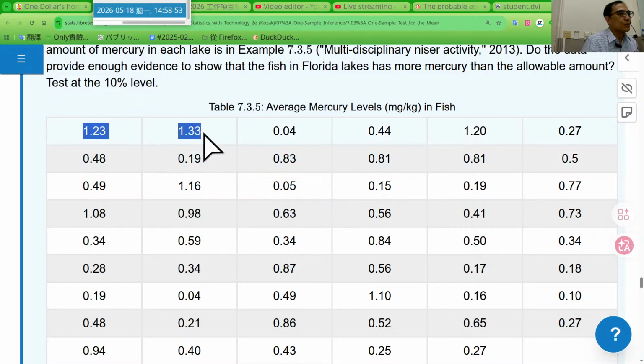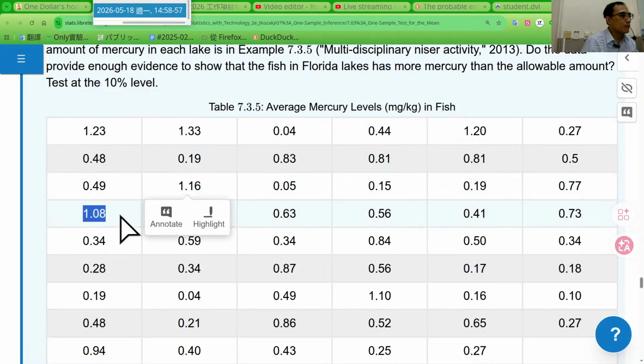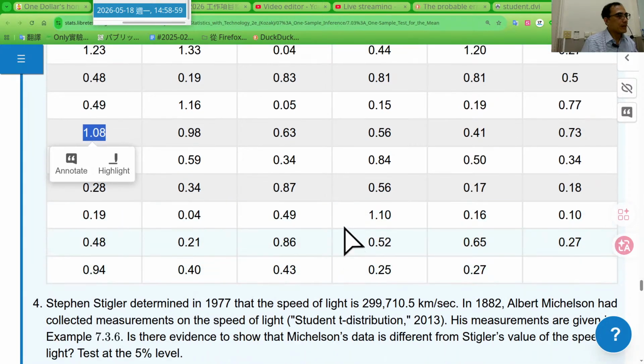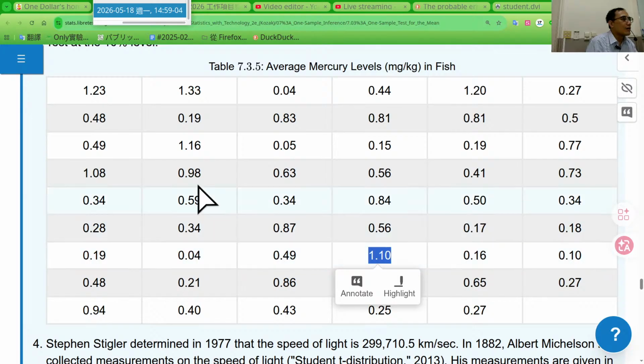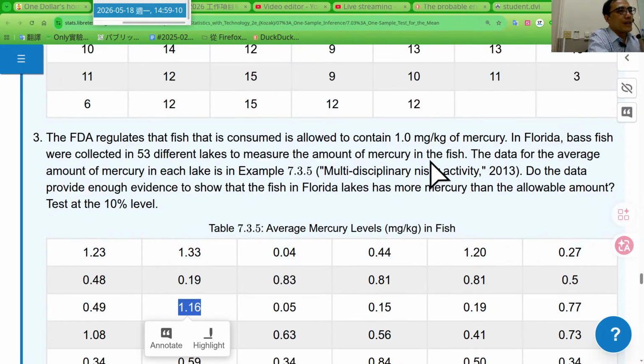1, 2, 3, 4, 5, 6. Personally, 6 or 7. Okay, maybe 7 numbers are over this number.